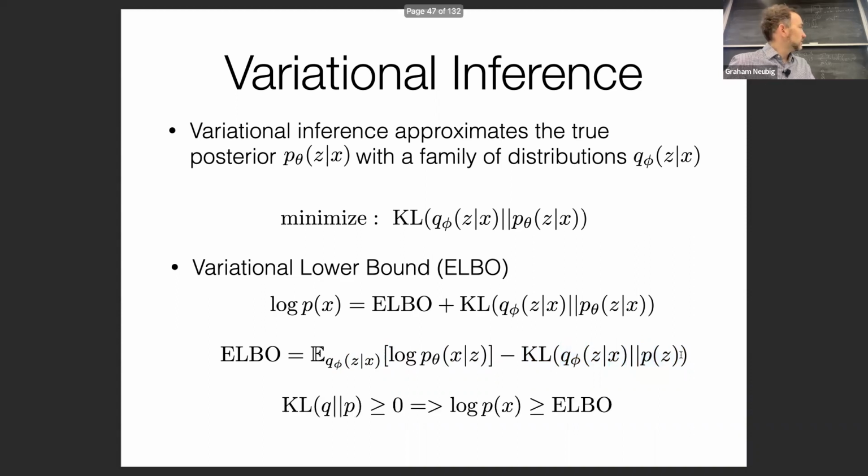And essentially this ELBO term here lower bounds the log probability. So if we're pushing up this ELBO term, we're also pushing up the log probability of the data, or we're pushing up the lower bound of the log probability of the data. So we know that the log probability is no worse than this ELBO term here.